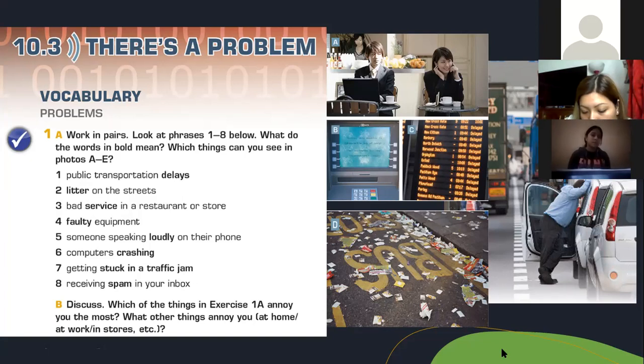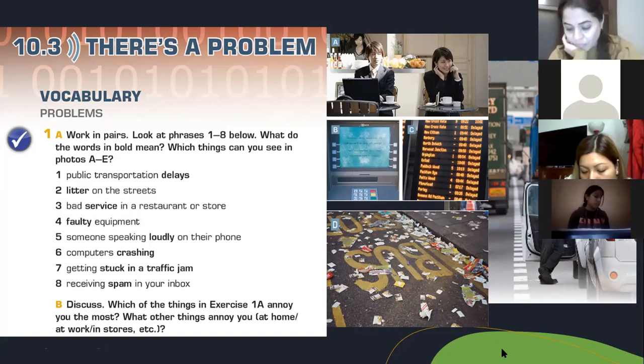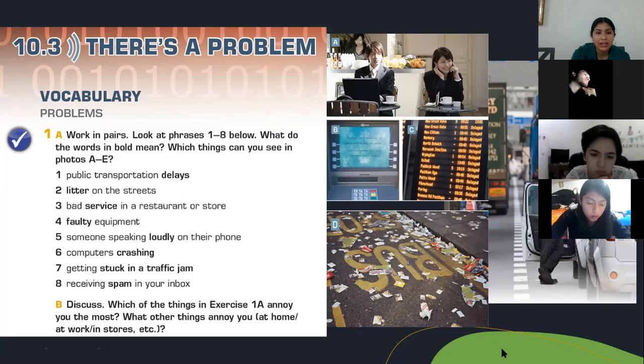And it probably depends, right, on your mood too. Because for example, let's say that it's Christmas and you're gonna take a bus to go and see your family. And then you get to know that there's a public transportation delay, that your bus is delayed. Obviously you get mad, right?